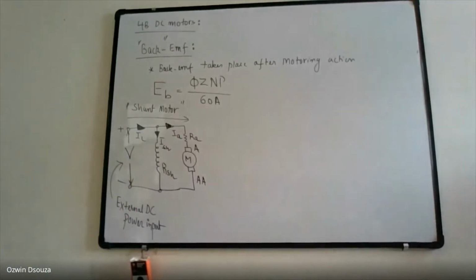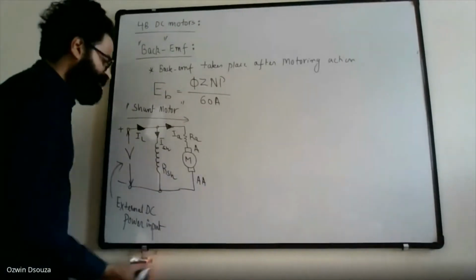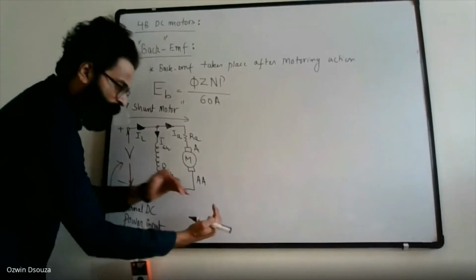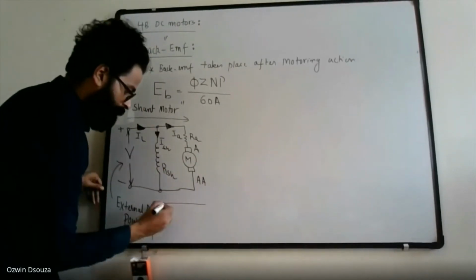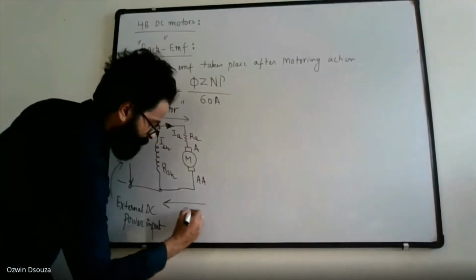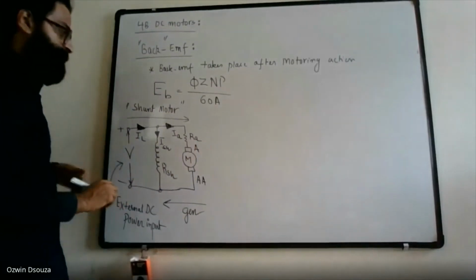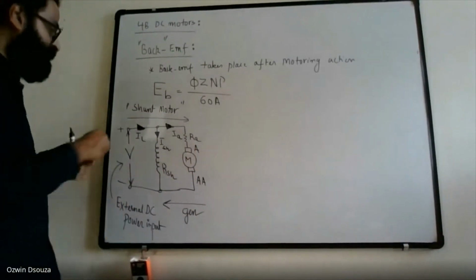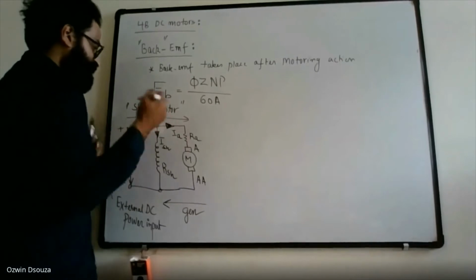Compare this diagram with the generator diagram. In case of generator diagram, you have seen that power was flowing from armature to the load. So this is for generator. On the other hand, left to right is for motor.